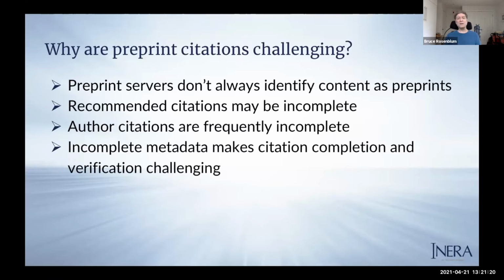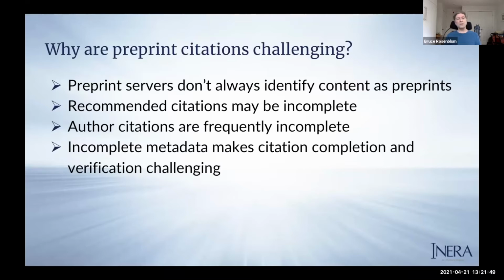So what made those challenges so big? The first is that we discovered that preprint servers don't always identify their content as preprints. So I was listening to Katie a minute ago, thinking it's wonderful that NIH has 1 or even 2 banners being very clear that content is preprint content, but that's not always the case. So that's number 1. Number 2 is that recommended citations on preprint servers may be incomplete compared to the data that we feel needs to be there.